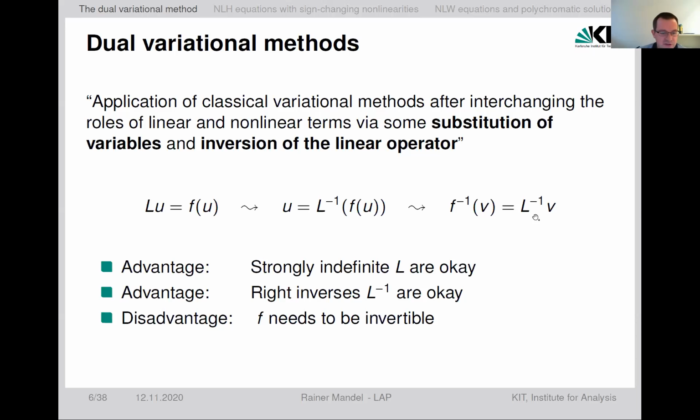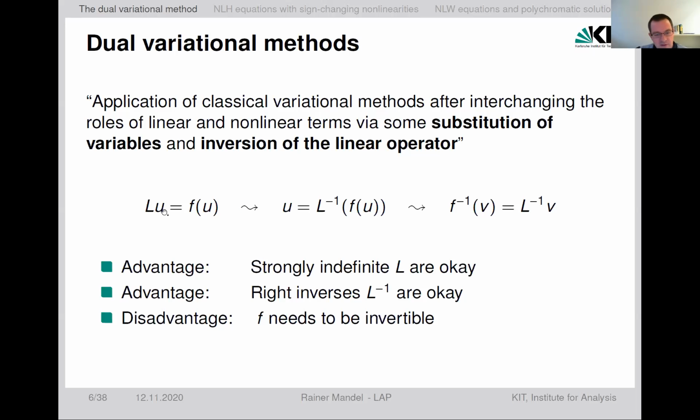What is the advantage? The advantage is that in this new equation here, you can remove the strong indefiniteness of your linear operator L, if such a one exists. And what is important in the Helmholtz case, you need not have true inverses, but also right inverses are okay.